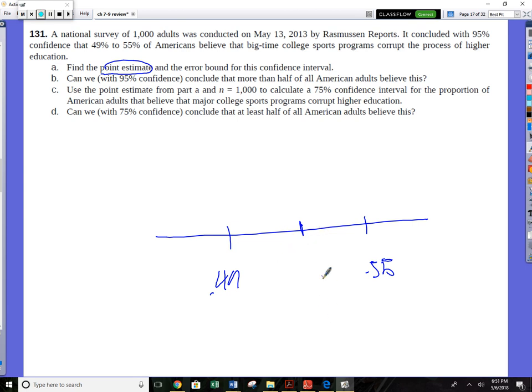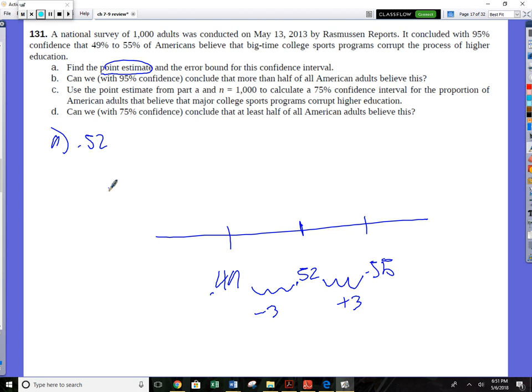So 49, 55, add them up, divide by 2. We get 52. So 52%. That means 52, 53, 54, 55. This is plus 3. This is minus 3. So the point estimate is 52%.